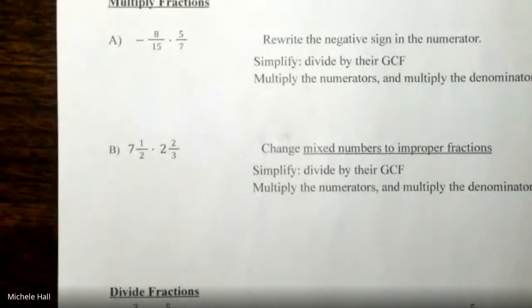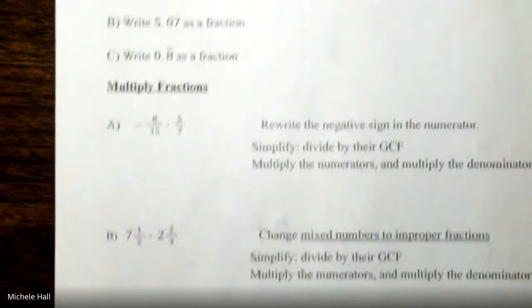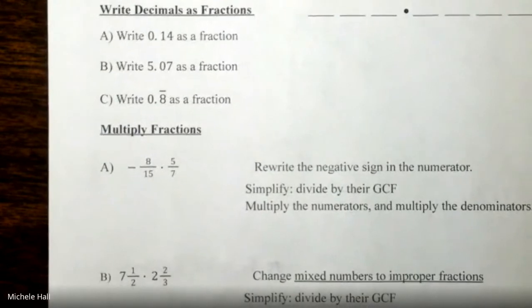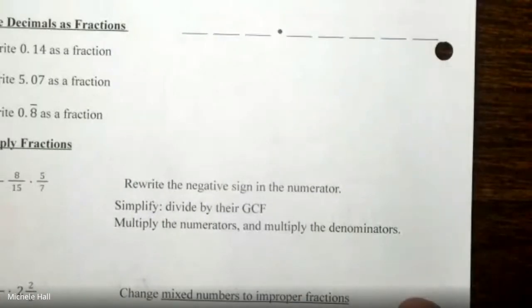Okay, now we go the other way. Write decimals as fractions. Of course, we've just been working on fractions into decimals. I'm going to turn my paper sideways so I can write on it better. What's the very first place in the decimal section? It's the tenths. There is no ones place on this side.